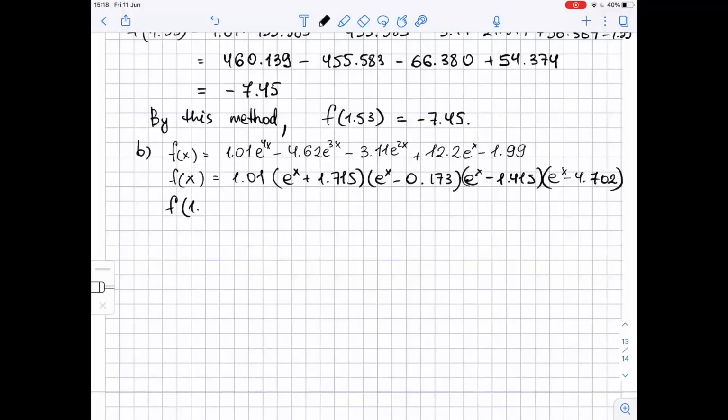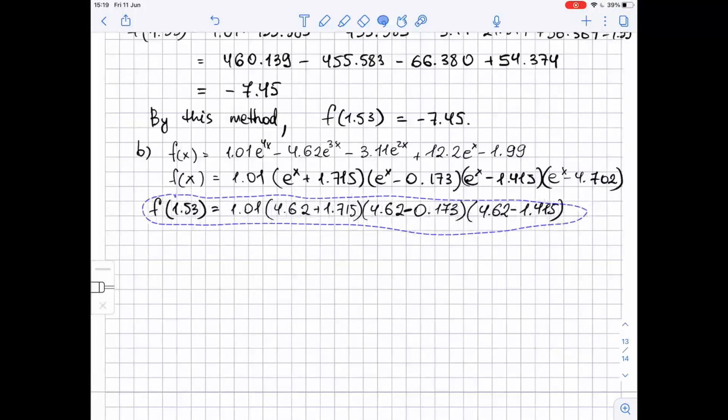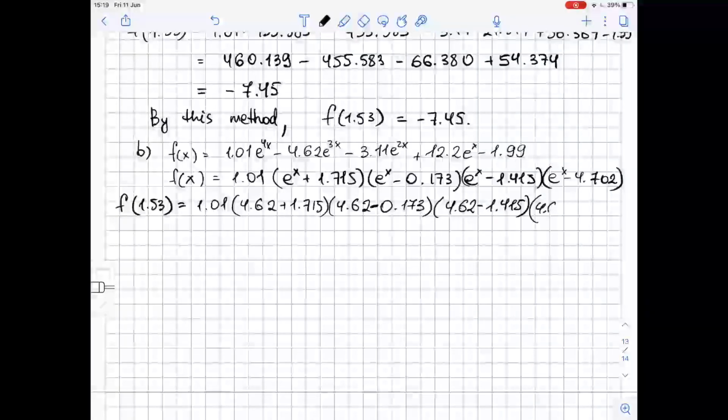So we will get that f of 1.53 equals 1.01 times 4.62 plus 1.715 times 4.62 minus 0.173 times 4.62 minus 1.415 times 4.62 minus 4.702.